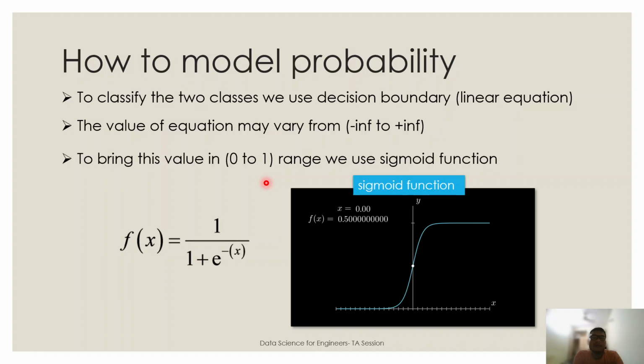If my probability is 0.5, then there is an equal contribution from both the classes. That's why with the help of a human or any extra expert, you can validate which class the sample belongs to, because your algorithm is not able to figure it out. So that is the way to tackle the problem of minus infinity to plus infinity and come up with a better approach to do the classification.